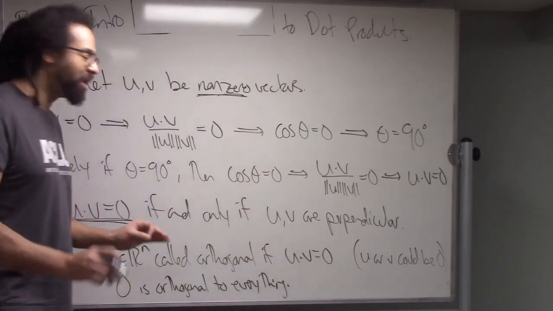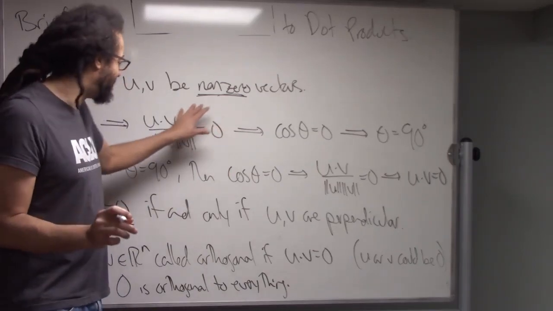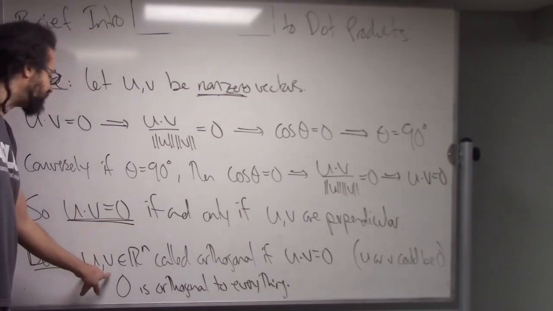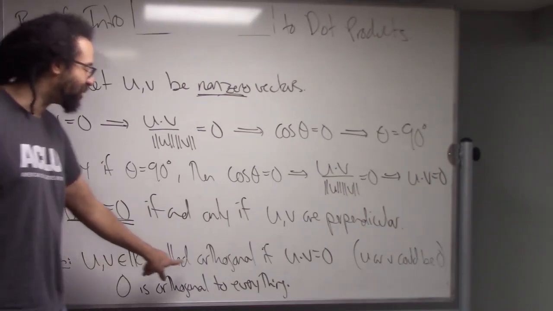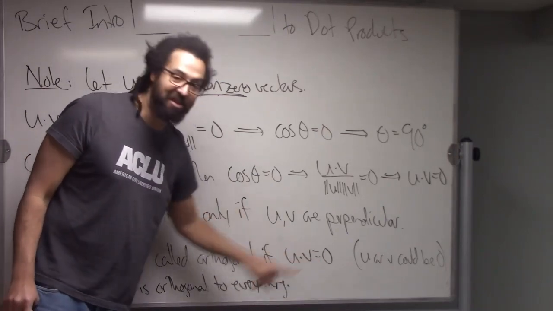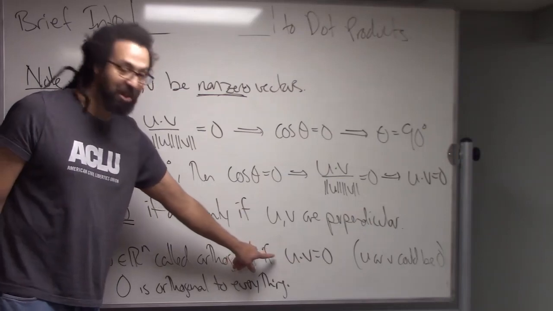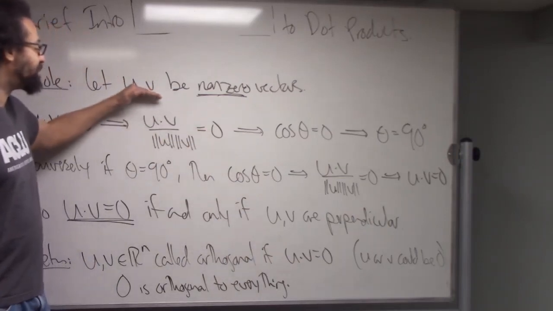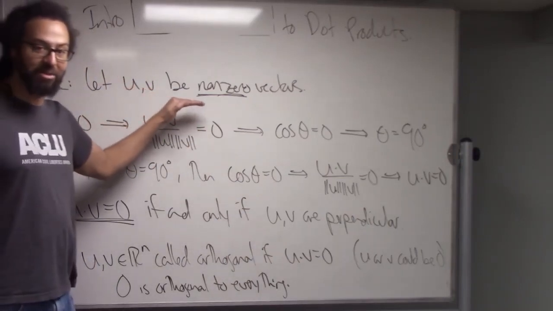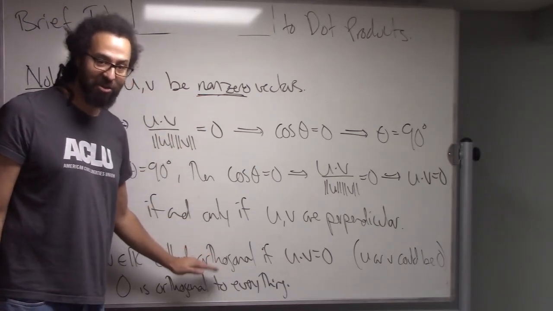So now we just want to expand a definition slightly. We will say that two vectors in Rn are called orthogonal if u dot v is equal to 0. And here we do allow zero vectors. When we talk about perpendicular, we don't allow zero vectors. When we talk about orthogonal, we do allow zero vectors.